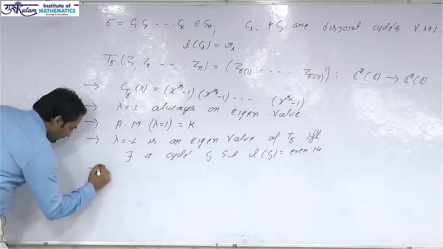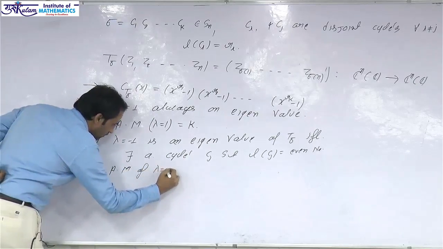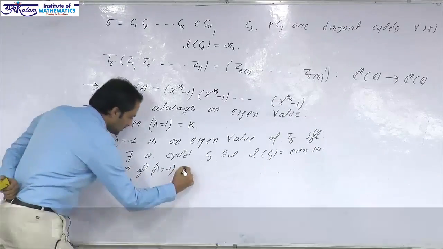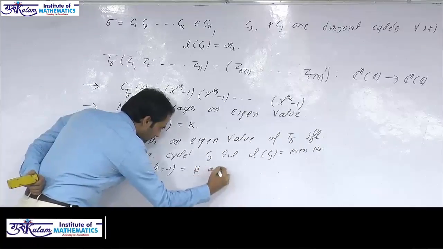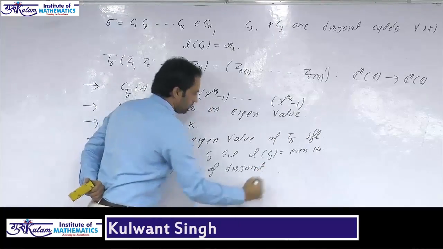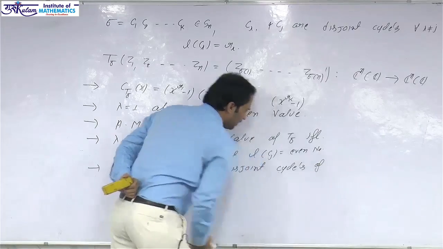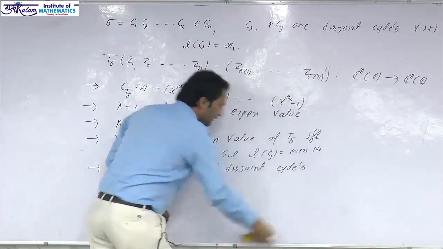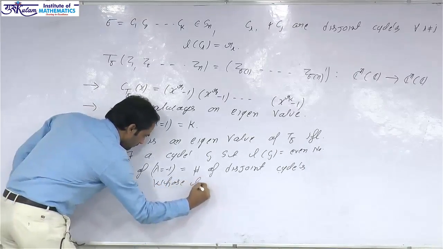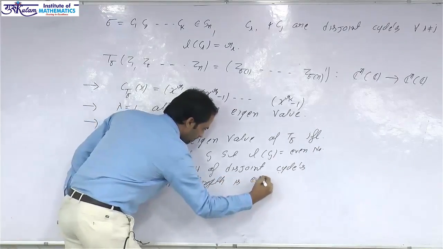And if you want to find the algebraic multiplicity of lambda equal to minus 1, provided this is an eigenvalue, it is simply the number of disjoint cycles in the cycle decomposition of sigma whose length is even.